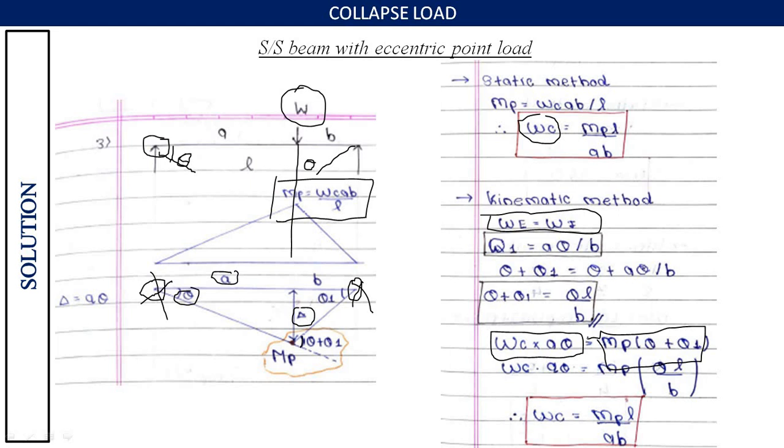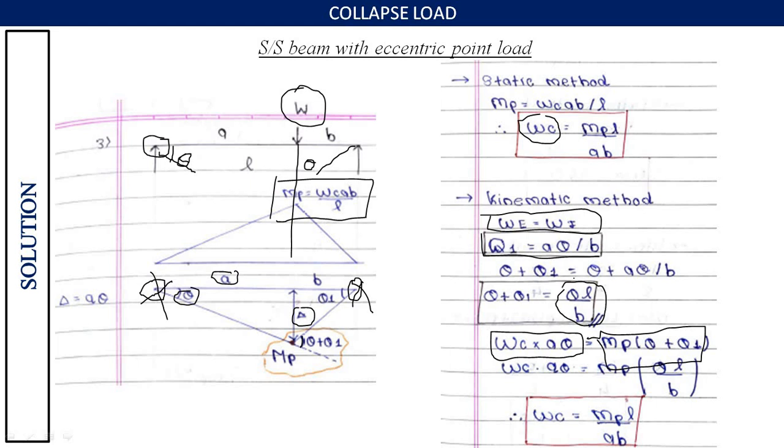Now we have to find the value of theta 1. So what will be the value of theta 1? Theta 1 is equal to a theta by b. So theta plus theta 1 is equal to theta plus a theta by b, which is equal to theta L by b.